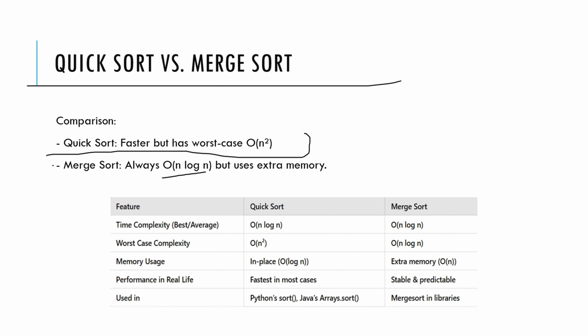But why do we use quicksort? Because it doesn't use extra memory. It's faster in most cases, while merge sort is stable and predictable. Quicksort is used in Python's sort method and also Java's array sort method, while merge sort is used in libraries.